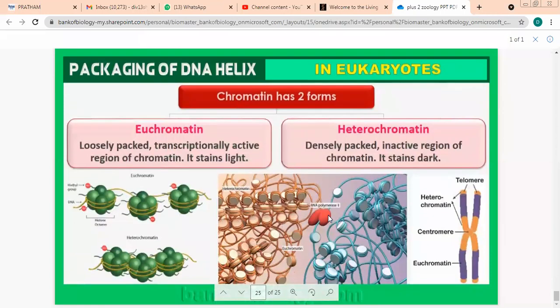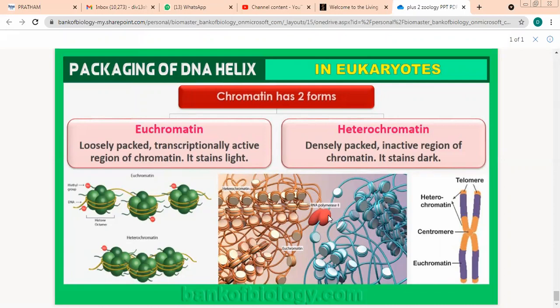Let's talk about this packaging. Chromatin is of 2 types: euchromatin and heterochromatin. Which one is loosely packed? Euchromatin. Which one is the inactive part?